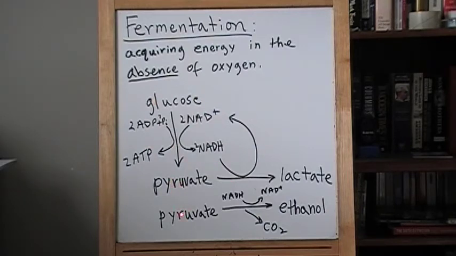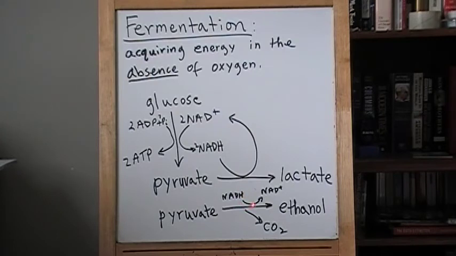Another way to reduce pyruvate is to reduce it in two steps. One is to remove one of the carbons to form CO2 gas. And then the second step is the reduction.